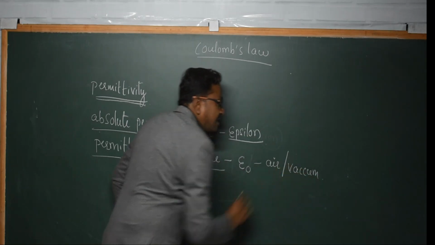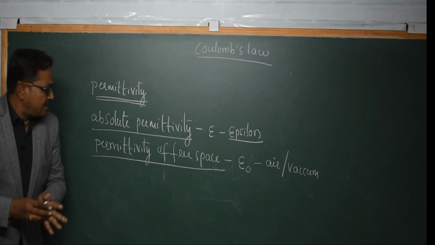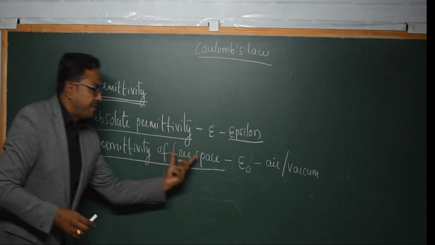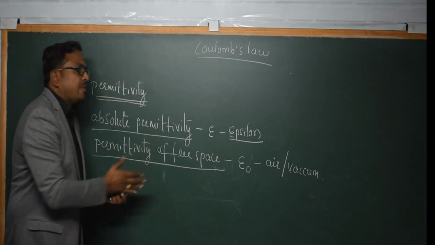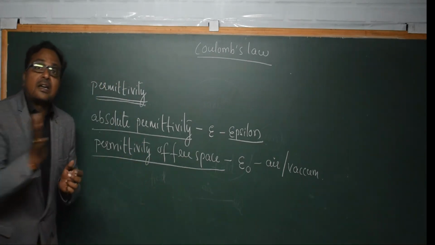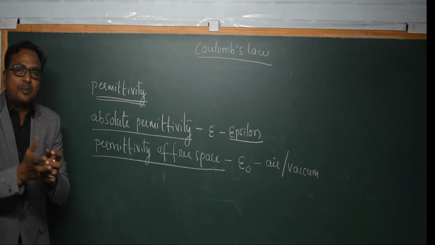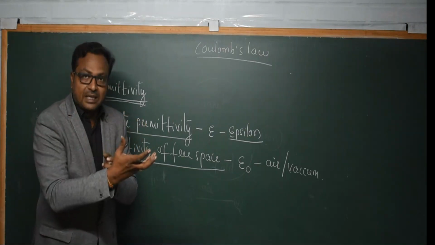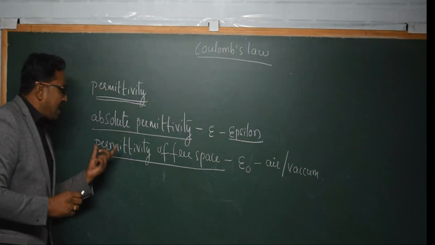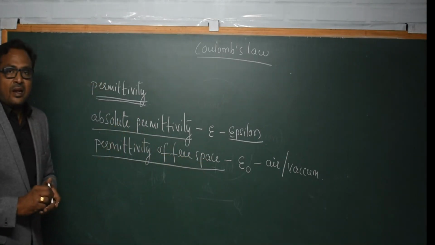It represents the ability of the vacuum to permit electric field, meaning how much this air or vacuum is allowing the electric field. That is called permittivity of free space.